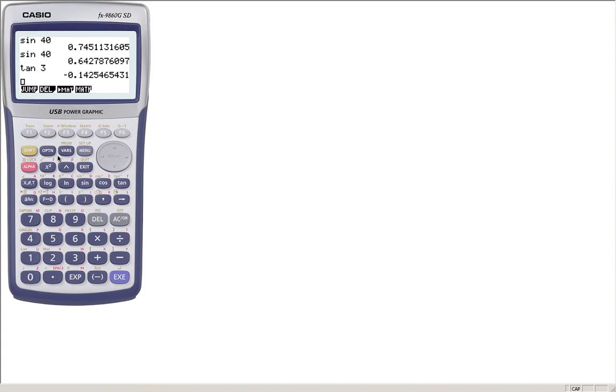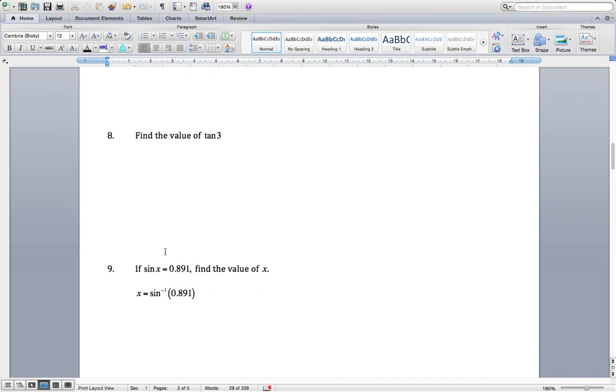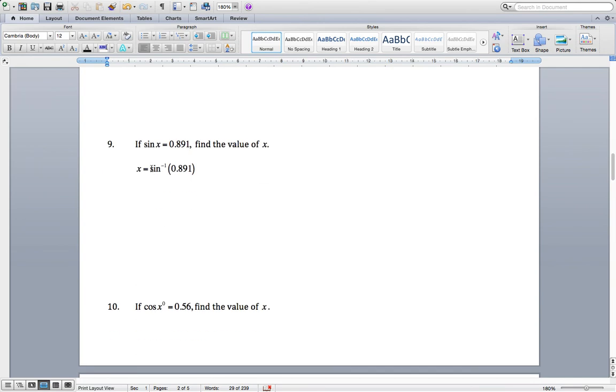Good. Let me delete everything, delete all, fine. So let us see what next. Now let us look at this problem, students. If sine x is 0.891, find the value of x. You know that x is nothing but sine inverse of 0.891, isn't it?